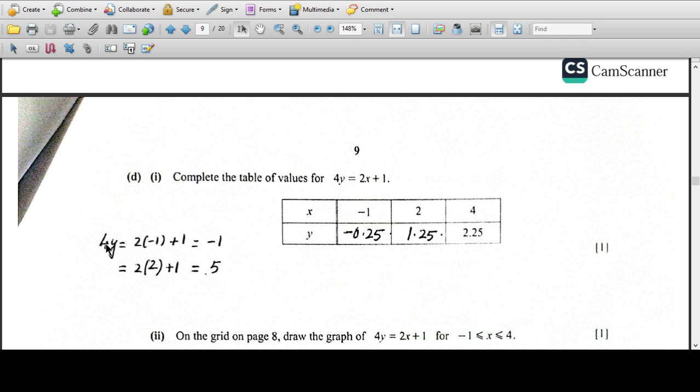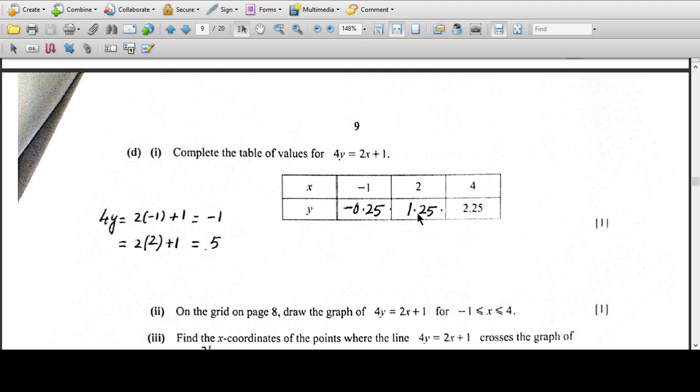So -1, 4y is equal to -1 means y is equal to -0.25. And placing value 2 here, 4y is equal to 4 plus 1, which is 5. 4y is equal to 5 means y is equal to 1.25, because 5 divided by 4 gives the value of y, which is 1.25. So this table is completed here.